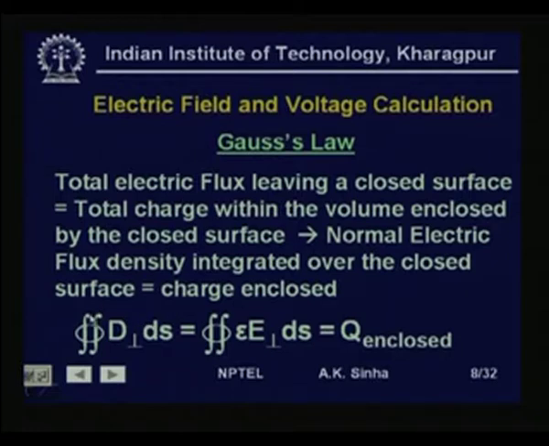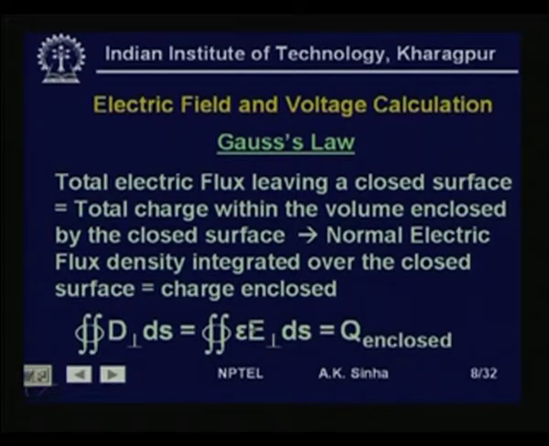Mathematically, we can write this as the surface integral over the closed surface of electric flux density D, which is normal to the surface, into ds, will be equal to the surface integral of epsilon E, which is again normal to the surface, into ds, that is over the whole surface.